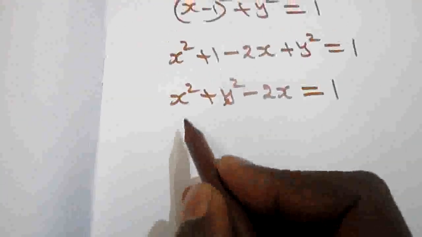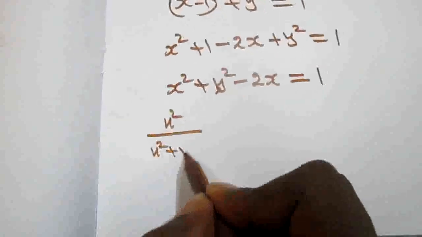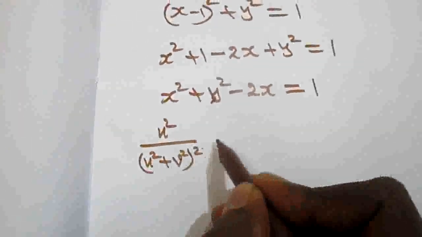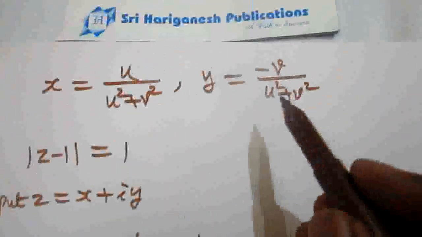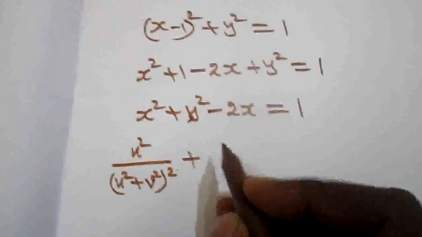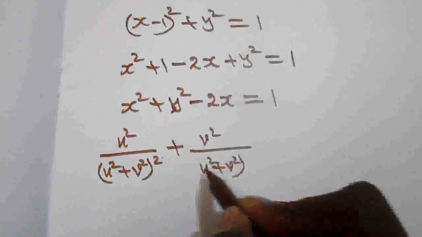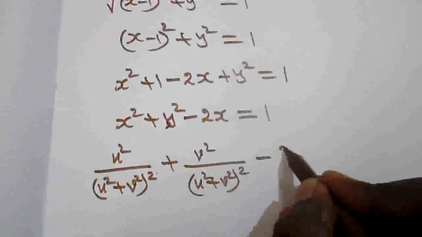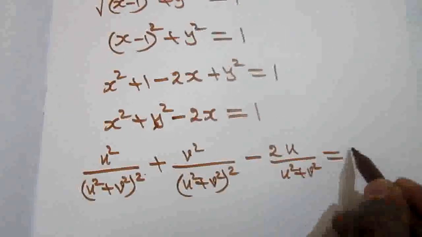Now I am going to substitute x and y values here. The x value is u by u square plus v square. So x square is u square by u square plus v square the whole square, plus y square. y is minus v by u square plus v square, so y square is v square by u square plus v square the whole square, minus 2x, which is 2u by u square plus v square, is equal to 1.